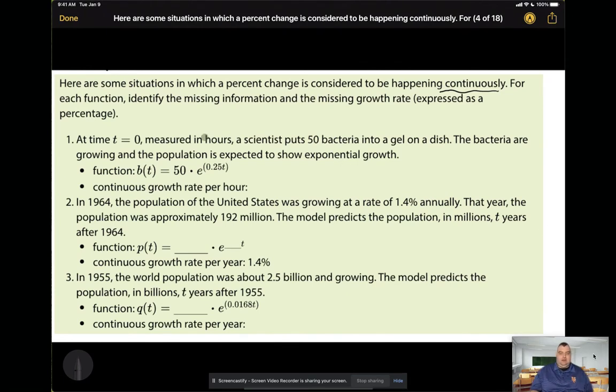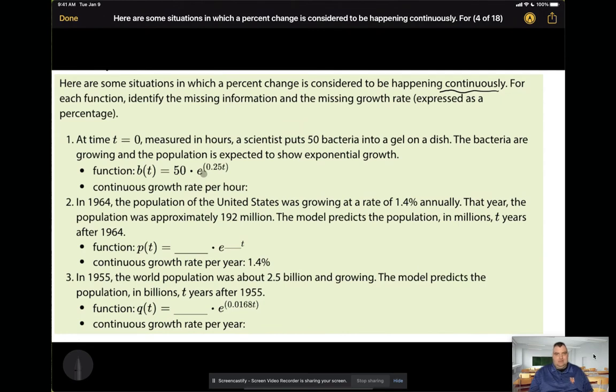So number one, at time t equals 0, measured in hours, a scientist puts 50 bacteria into a gel on a dish. The bacteria are growing and the population is expected to show exponential growth. So this is our function. Okay, notice 50 is the initial value.